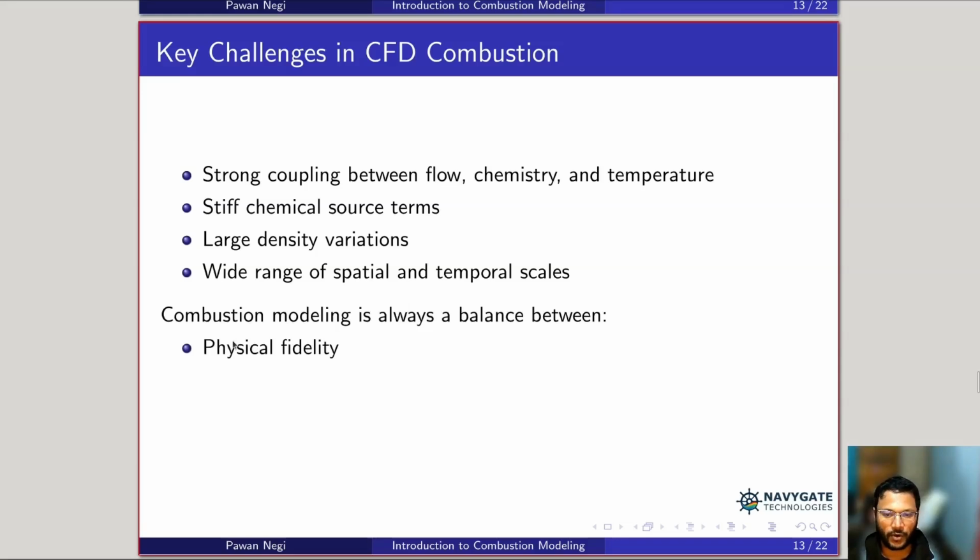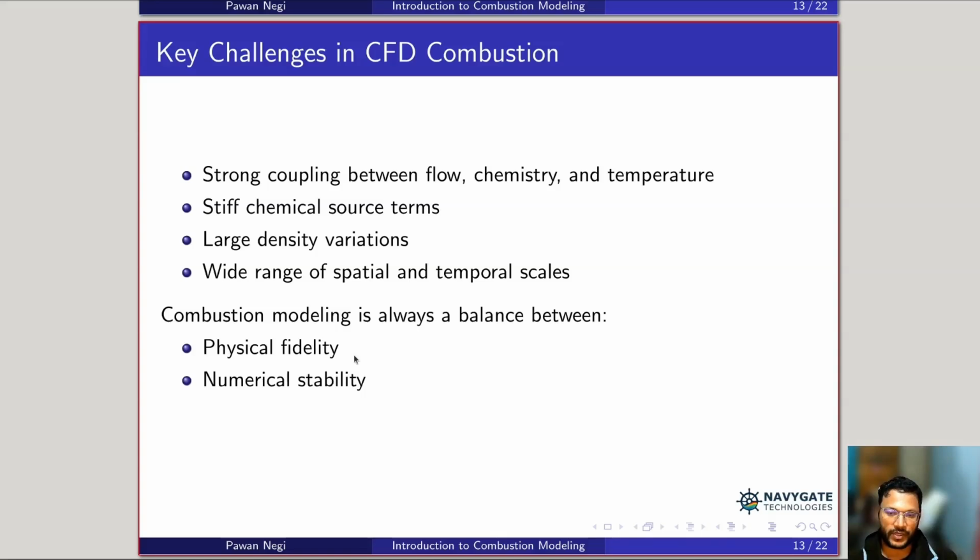Then combustion modeling is always a balance between physical fidelity, because we need accuracy in terms of the chemical reaction and the flow that is developing and the heat transfer that is going to take place, and numerical stability, because we have a large range of temporal and spatial scales.